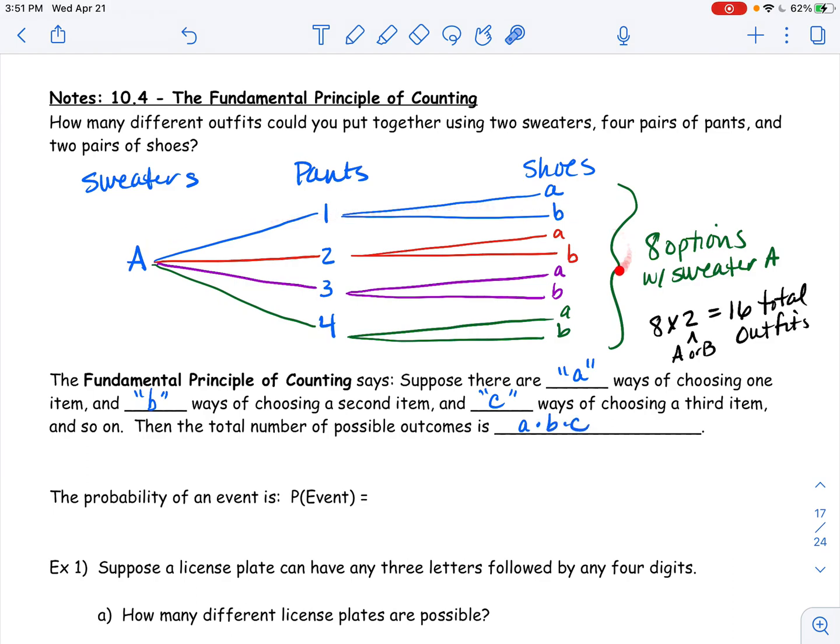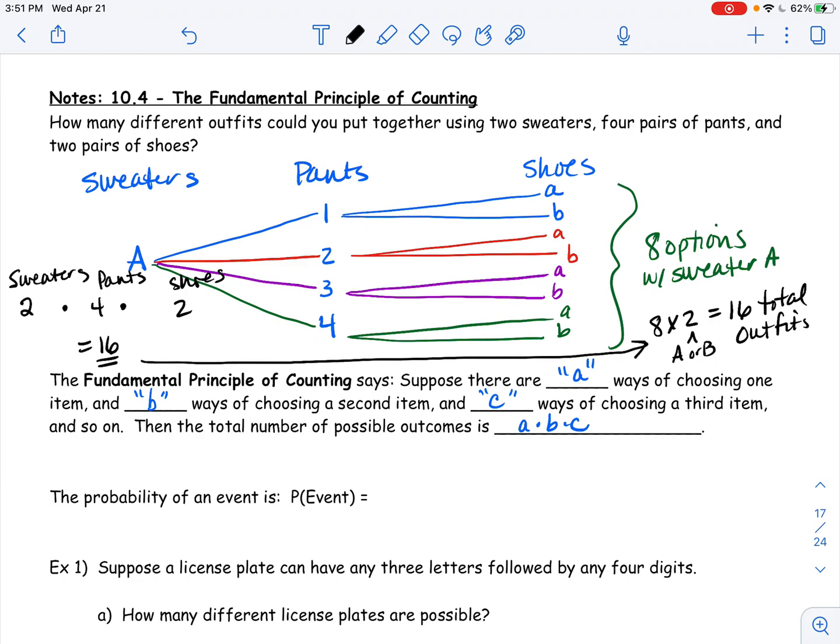Let's see how that works with this scenario. We had 2 sweaters, we had 4 pants, and we had 2 shoes. 2 times 2 times 4 is 16, which is the same thing that we got by drawing out our chart.